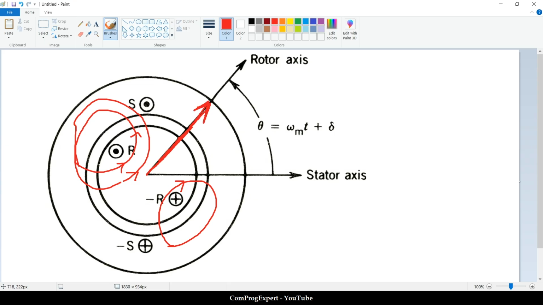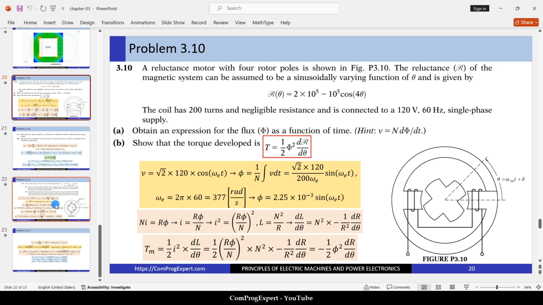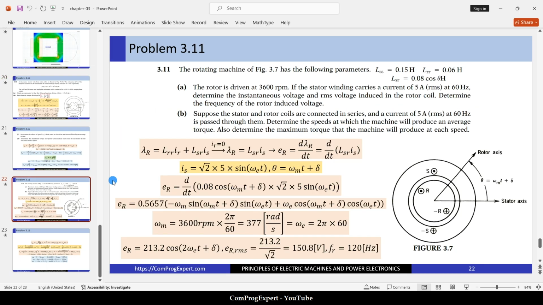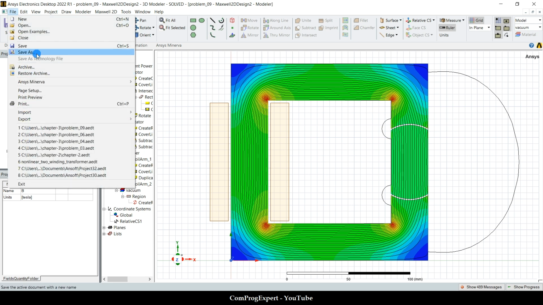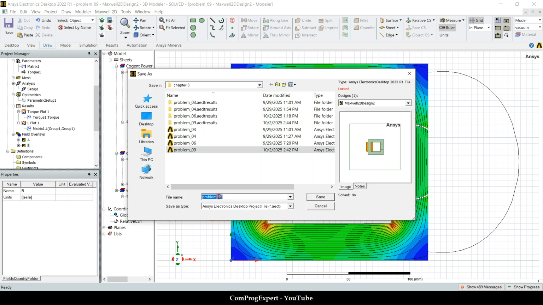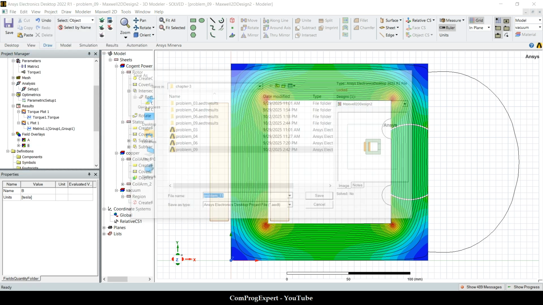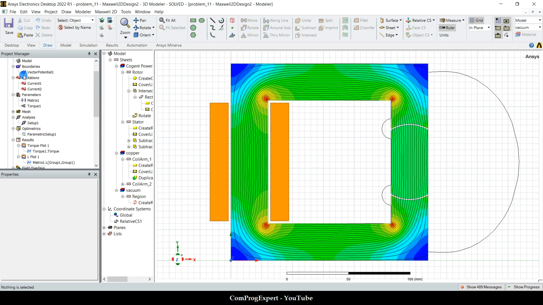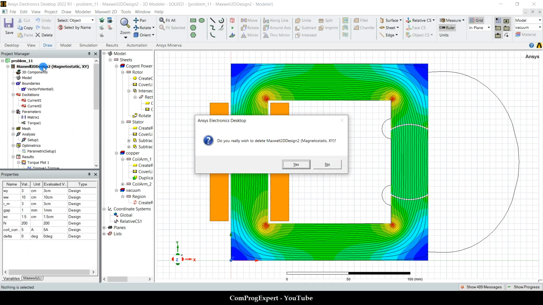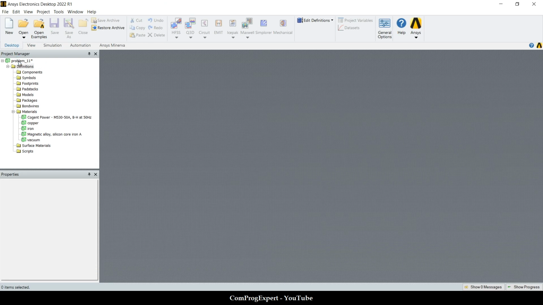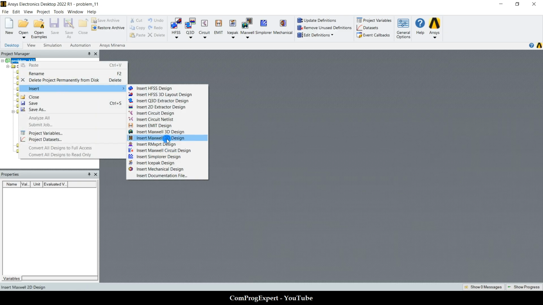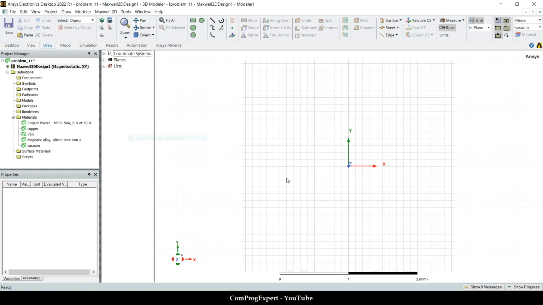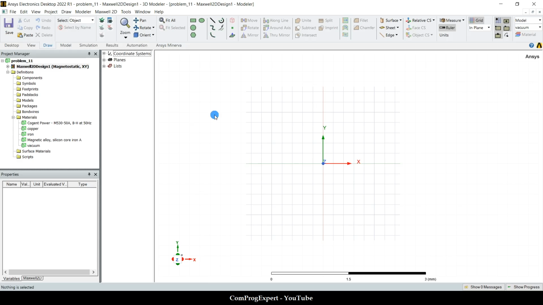Let's generate a model in ANSYS Maxwell software before solving this problem. Let's save this as problem 11, and delete this design. I am going to generate geometry with arbitrary numbers. This simulation is also very important.